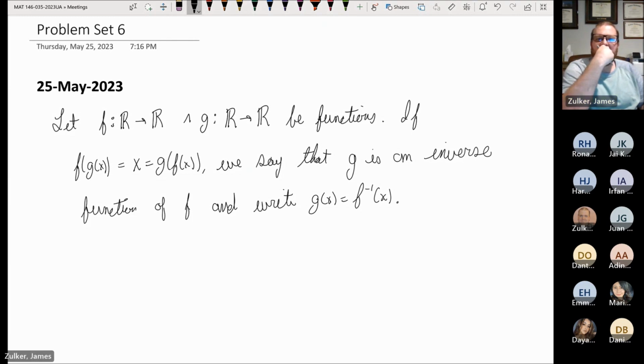Yes, f would also be an inverse of g. And in fact, it is easily shown that the inverse of the inverse is just f of x.